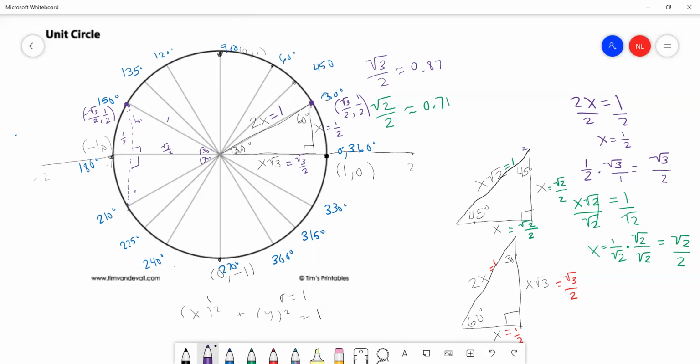So another 30, 60, 90 with my radius of 1. And my short side is going to be 1/2. The side across from 30 degrees is 1/2. And my long side, the one across from 60 degrees, is going to be √3 over 2.